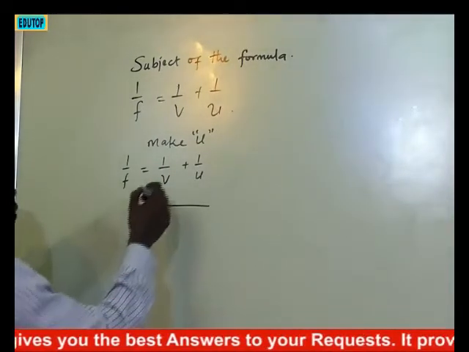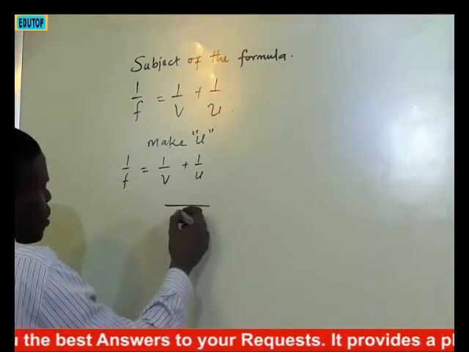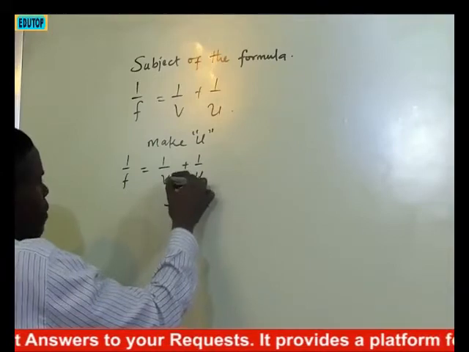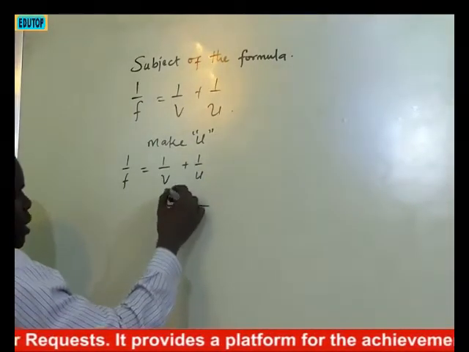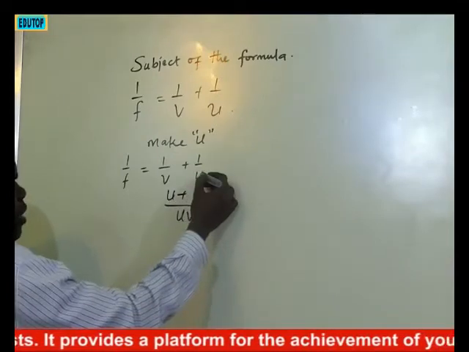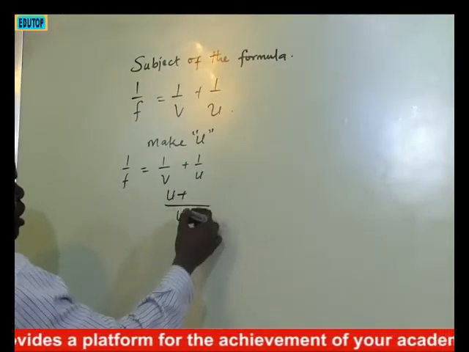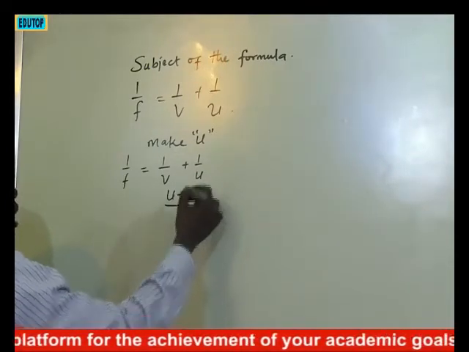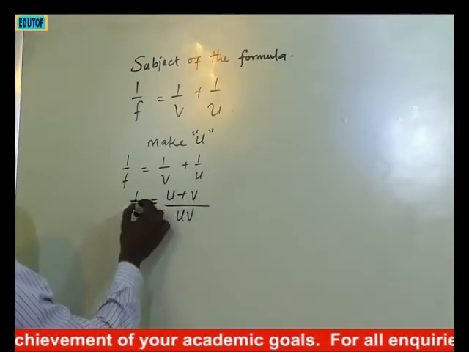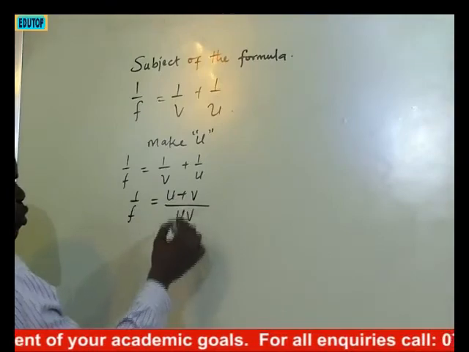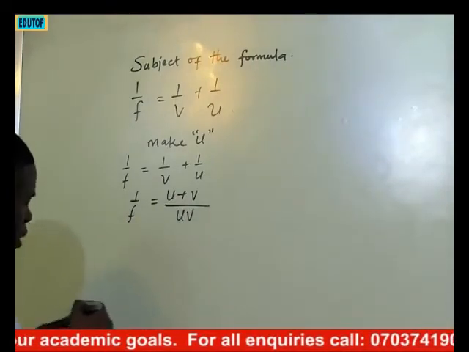What is the LCM of v and u? It is uv. How many v are we going to see in uv? It will be u. u times 1, u, plus how many u are we going to see in uv? It will be v. v times 1, v. So we have 1 over f equals u plus v over uv.